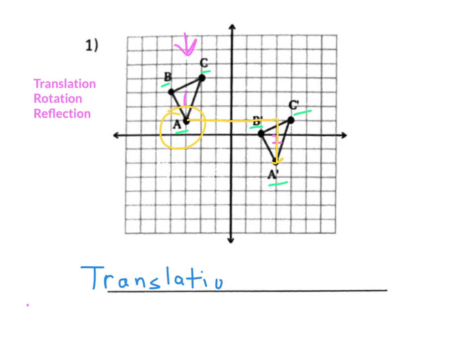But when writing translation, we need a little more details. We need to know, did it go up, down, left, or right? Well, looking at the picture, it went 1, 2, 3, 4, 5, 6 to the right. And then it went 1, 2, 3 units down.